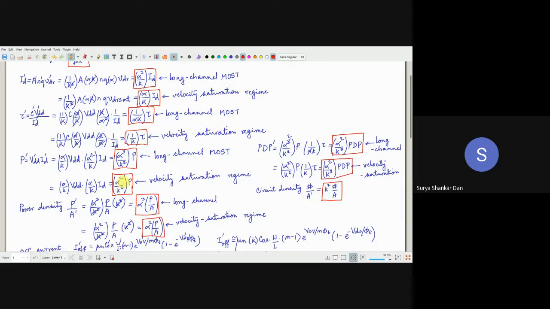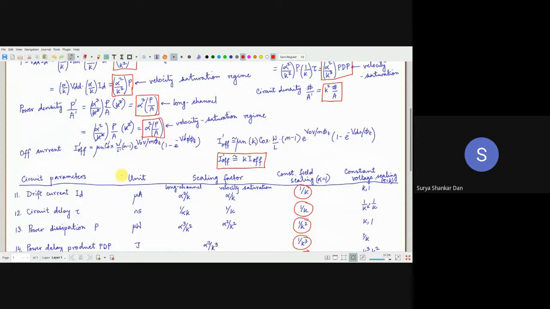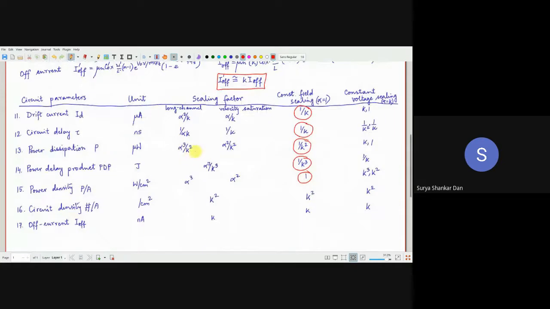In that situation, it is simply alpha by K. Here it is alpha square by K. So if you do the simplification, it becomes alpha square by K square. This is alpha cube by K square. Again, the major advantage. Alpha cube by K square, alpha square by K square. First of all, if you are doing constant voltage scaling, forget about it.